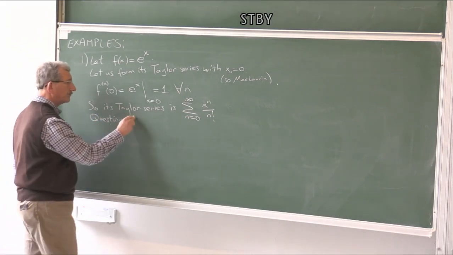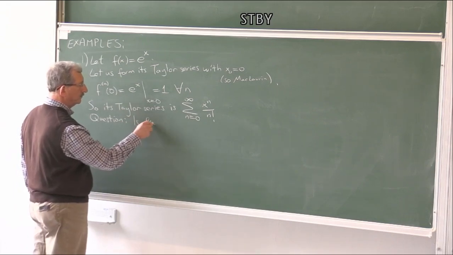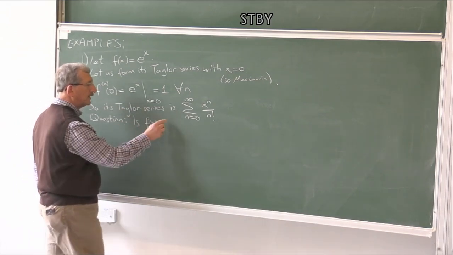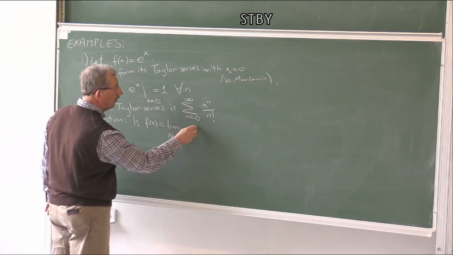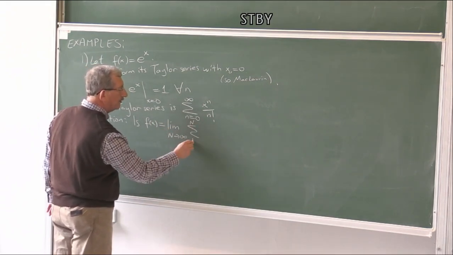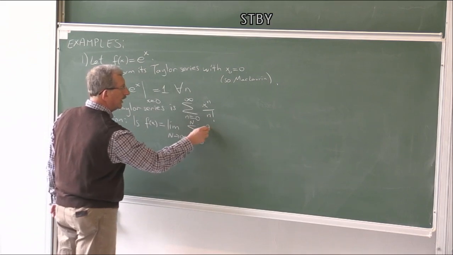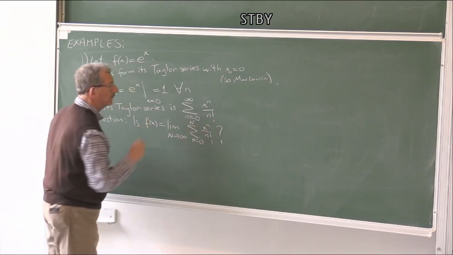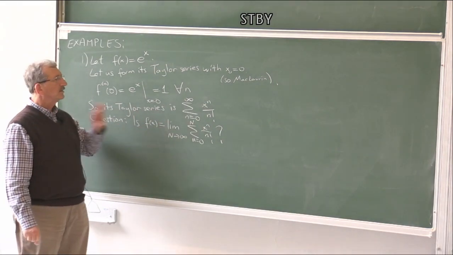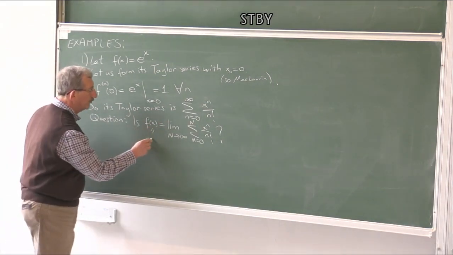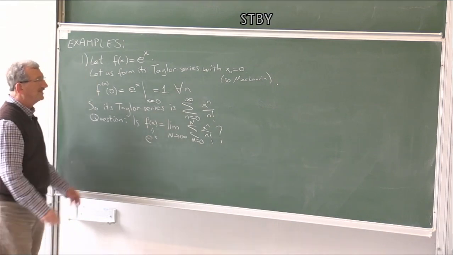Is f of x equal to the limit when n goes to infinity of the sum up to n of x to the n over n factorial? Because this is the infinite sum, and this is our f of x, which is e to the x. Is this true?